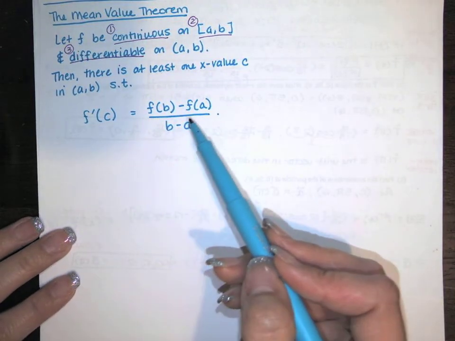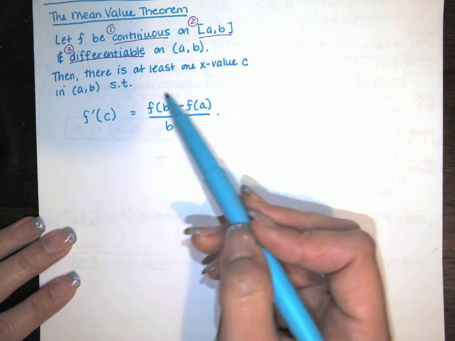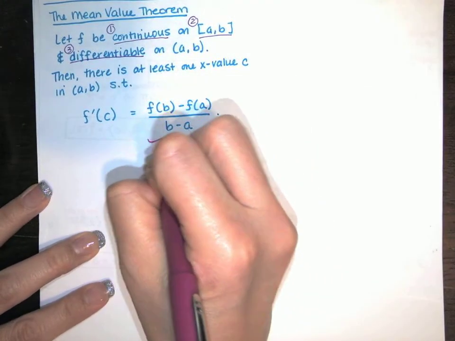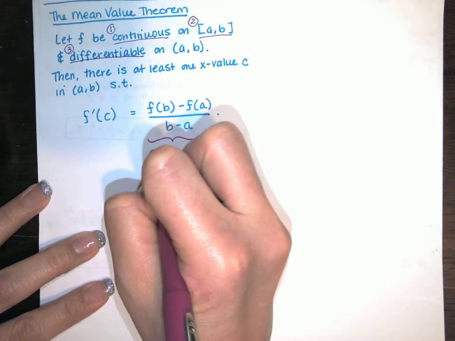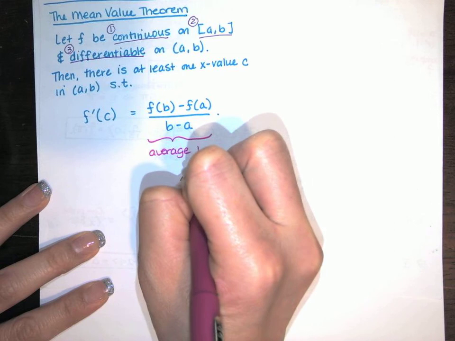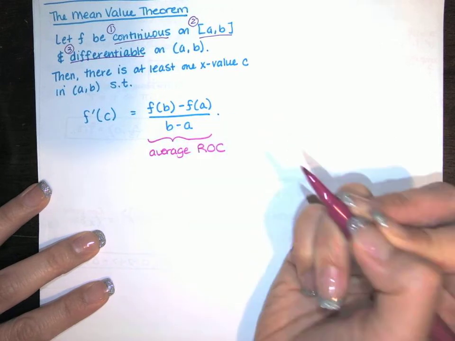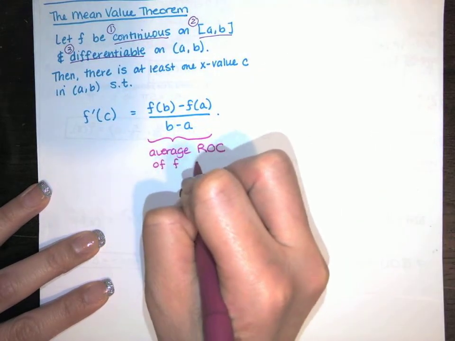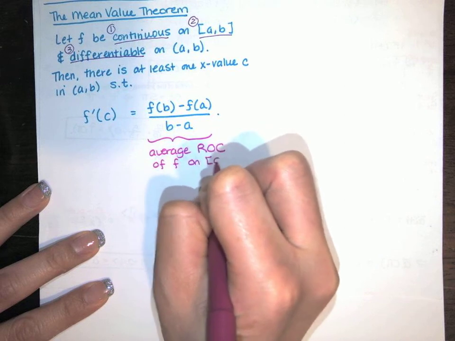Well, on the right-hand side, you might recognize this as the average rate of change of the function. I'm going to abbreviate rate of change ROC. It's the average rate of change of f on the interval from a to b.